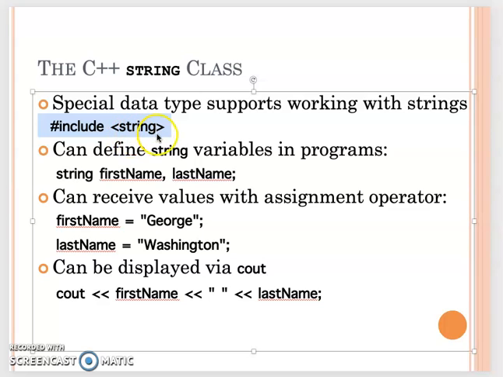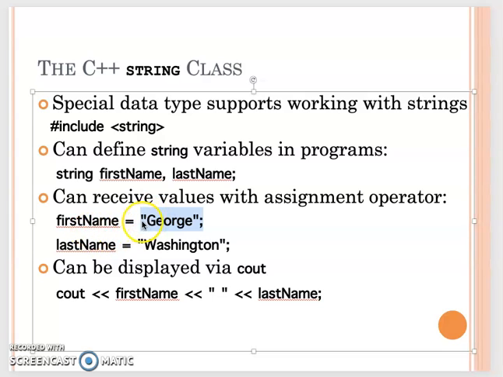If you do so, then you can define an object data type called string. So then we can define the string variable like this. I can have a string variable called first name, then one called last name. So the first name variable is a string, right? Since this data type is string, you can assign a literal string to this variable.